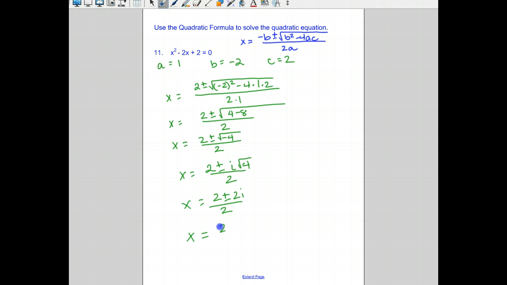Separate the fractions. 2 over 2 plus or minus 2 over 2i. So finally x is 1 plus or minus 1i. You can leave it that way, or you can write it separately, 1 plus i and 1 minus i. Either way is fine.